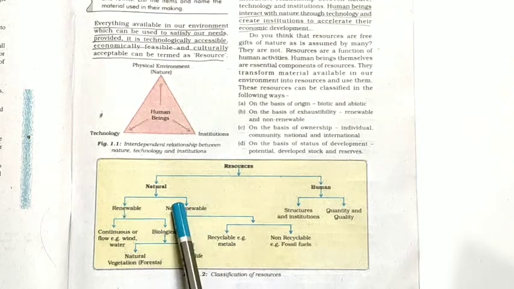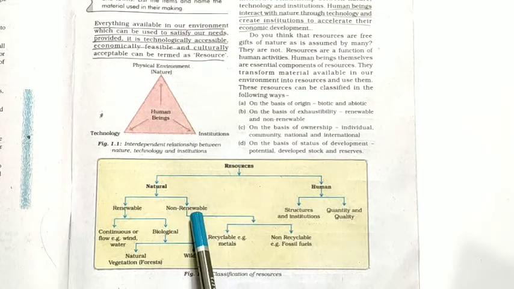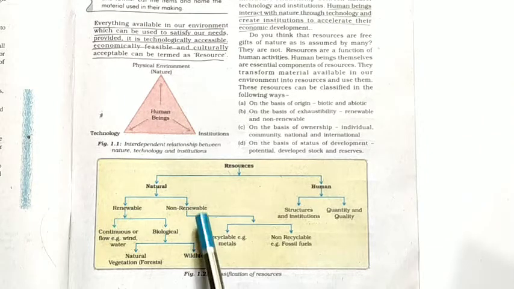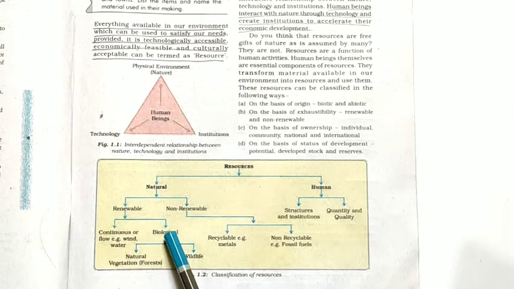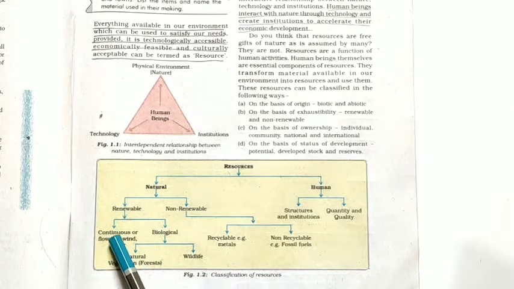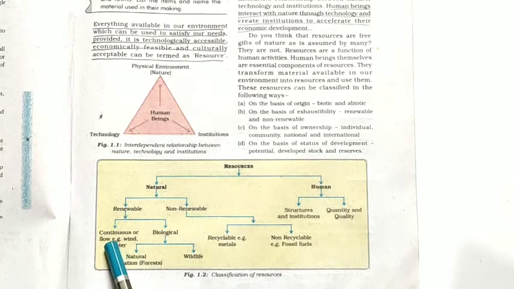Renewable means materials which can be replenished, and non-renewable means once used up cannot be replenished again. Under renewable resources, there also come two kinds of resources, one is continuous or flow. It means we get the resources continuously from nature.